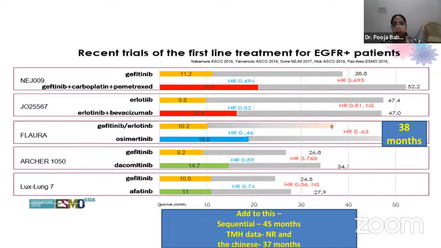So this just gives us an idea that we can make different combinations of either first-line TKI with chemotherapy or first-line TKI with anti-VEGF therapy, and we can extend our overall survival to the tune of 47 to 52 months.